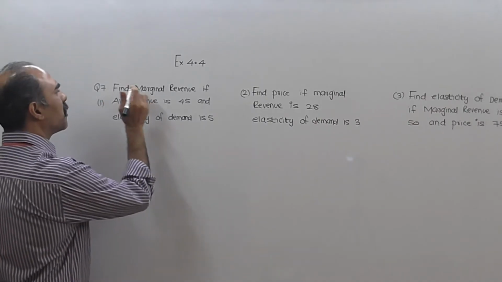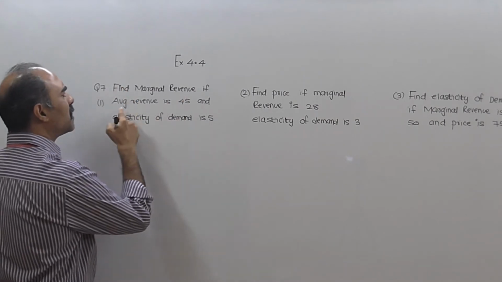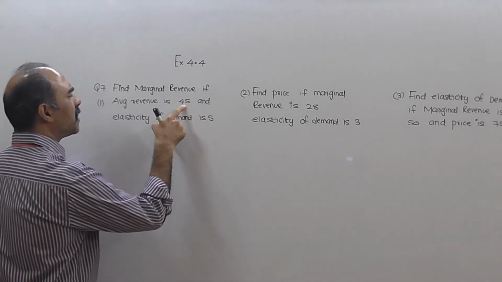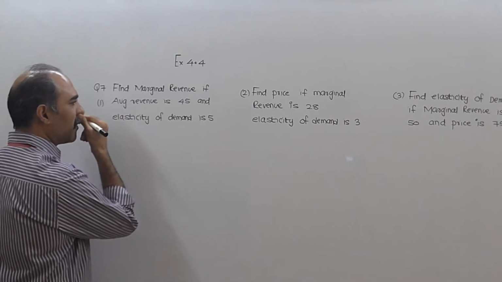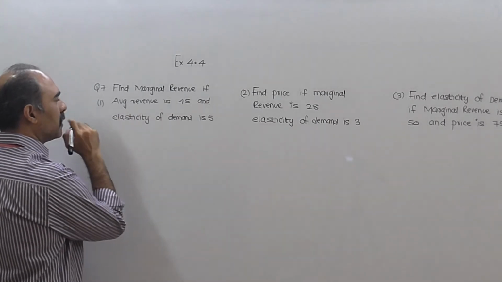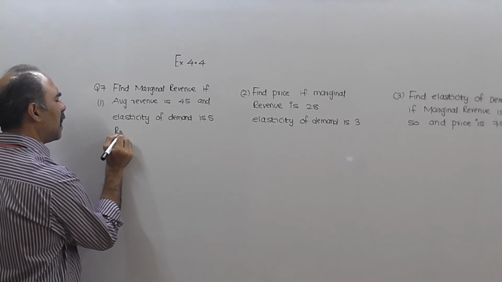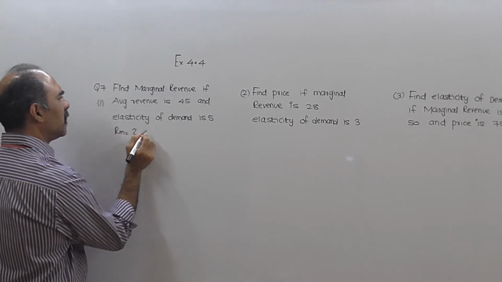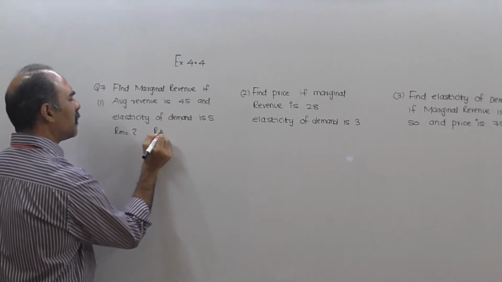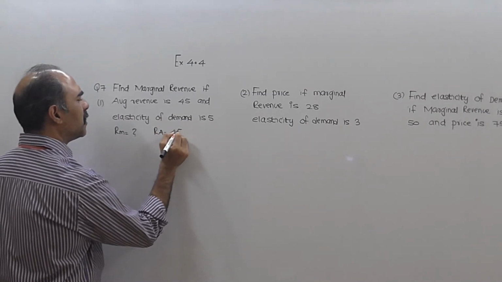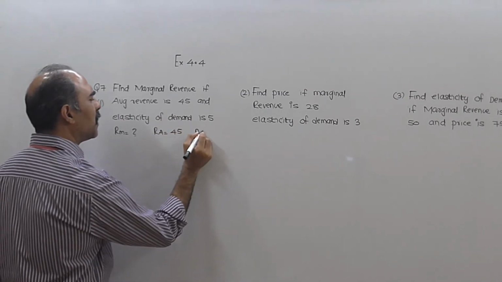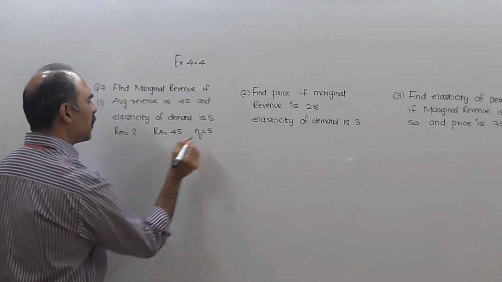The first question is you got to find the marginal revenue if the average revenue is 45 and elasticity of demand is 5. So marginal revenue is denoted by Rm, average revenue is denoted by Ra, which is 45, and elasticity of demand is denoted by eta, which is equal to 5.